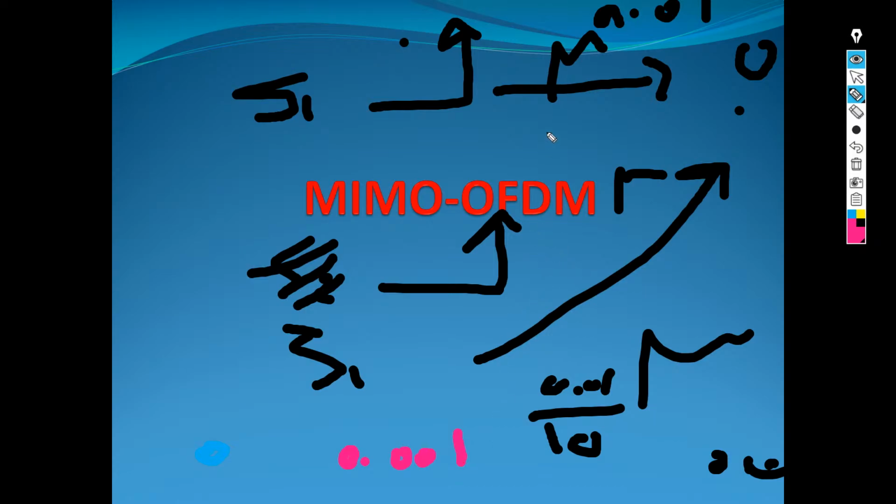Diversity means you are sending the same signal, the same symbol, from different sources, whether at the antenna, or at frequencies, or at time. We call it repetition. You are repeating the transmission from different sources. But why is it important? It is very critical when we have a multipath rich scattering channel, because the rich scattering multipath environment is random.